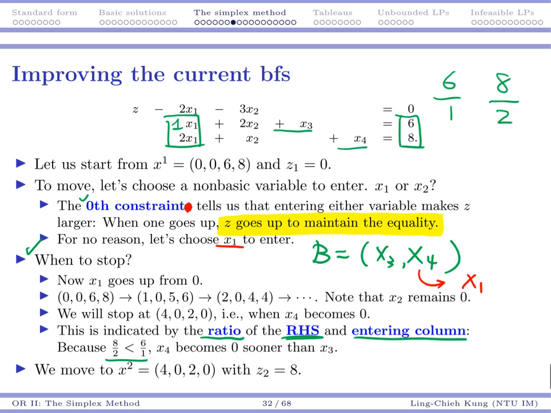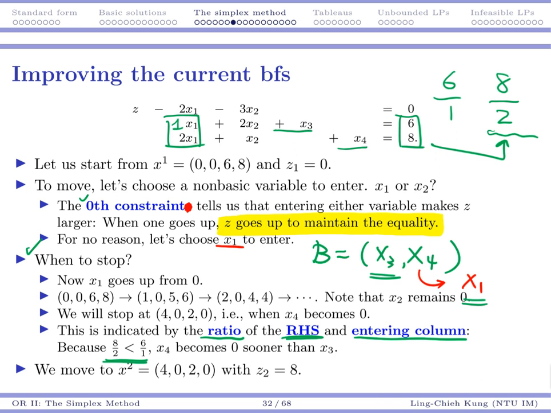So this ratio directly tells us that the second ratio is smaller: 4 is less than 6. So x4, which corresponds to the second ratio, is going to hit 0 first. That tells us that x4 would be the leaving variable. So once we know, we will change from x3, x4 to x3, x1.